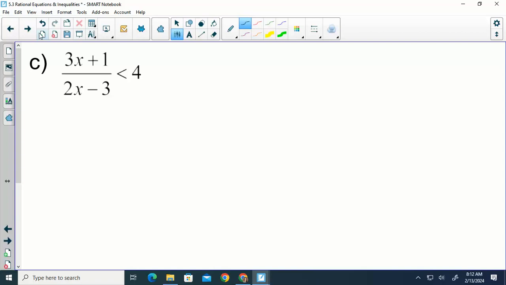We have to have 0 on one side. So first step will be to bring over that 4 and get what? So we have 3x plus 1 over 2x minus 3. Subtract over the 4, that's like a 4 over 1. And then we have our 0 on the right. If we want to put these together, we have to have a common denominator. So we're going to multiply top and bottom by 2x minus 3.